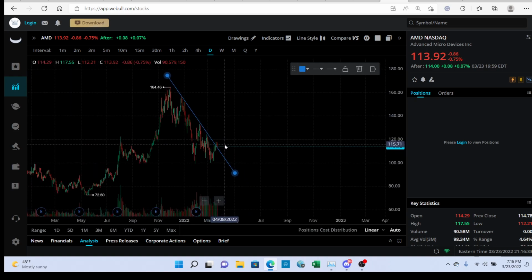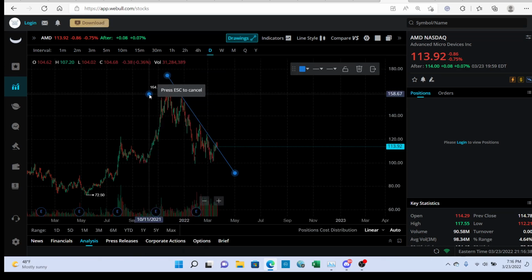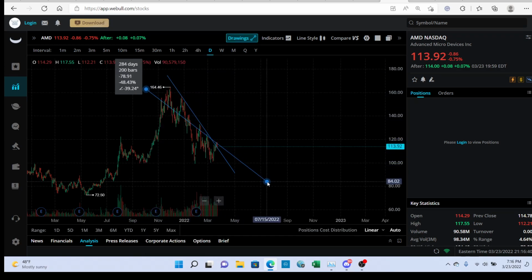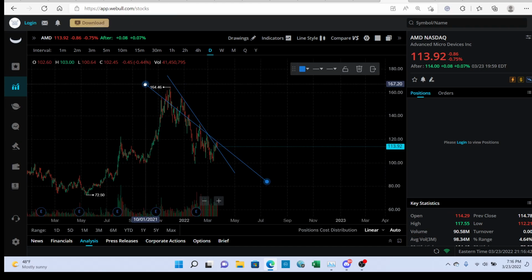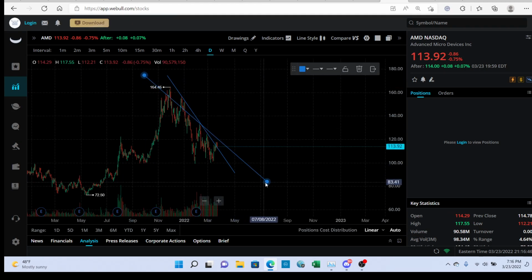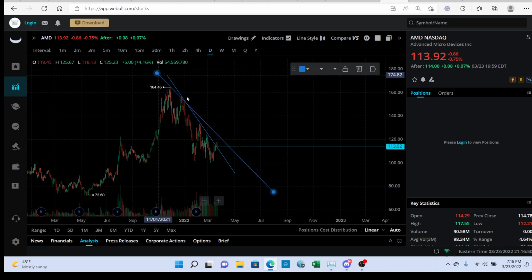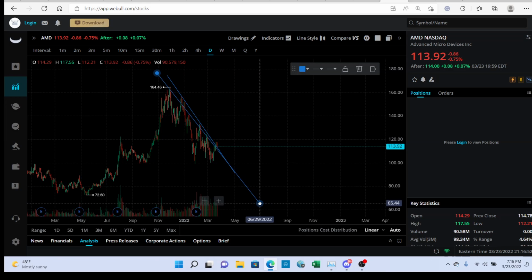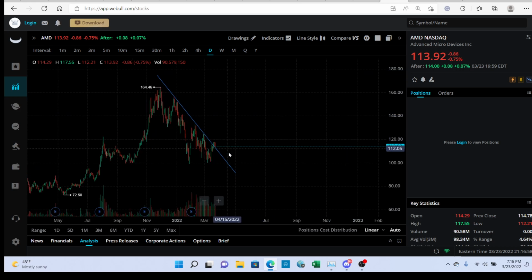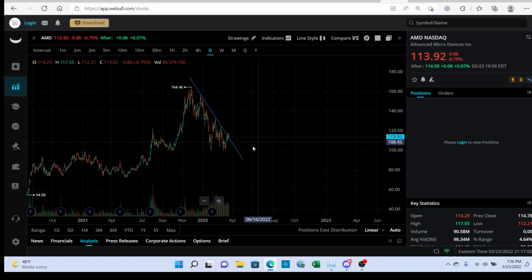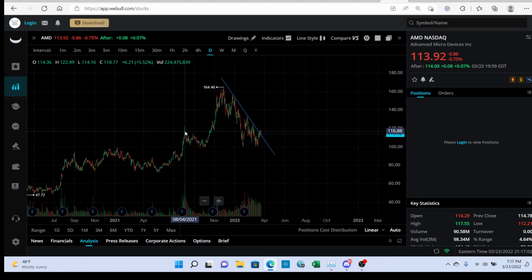And it's looking like we're potentially starting to break this. Let me see if I can find another downtrend. Yeah, I would say we're potentially starting to break this, but let's just zoom out a bit.